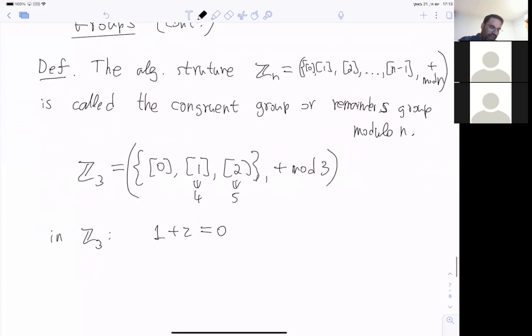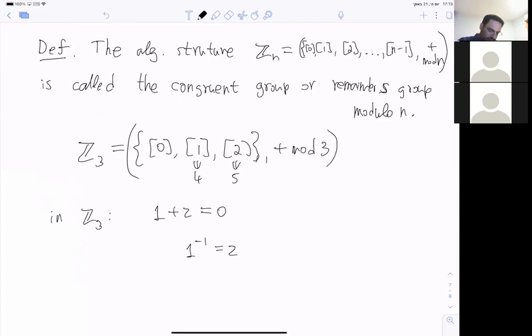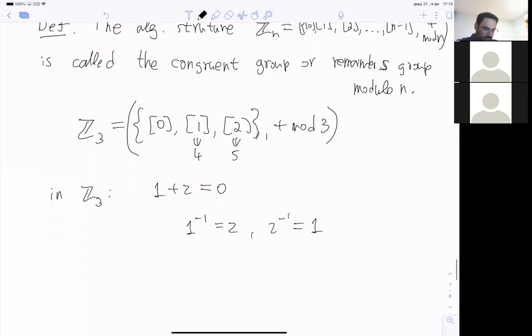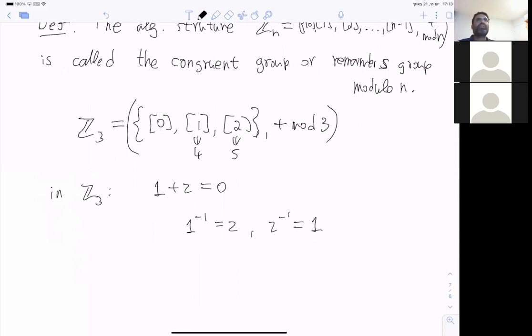So in other words, since 0 is the neutral element, the inverse of 1 is 2, because together with the operation, you get back to the neutral element. And the same is for 2, of course.